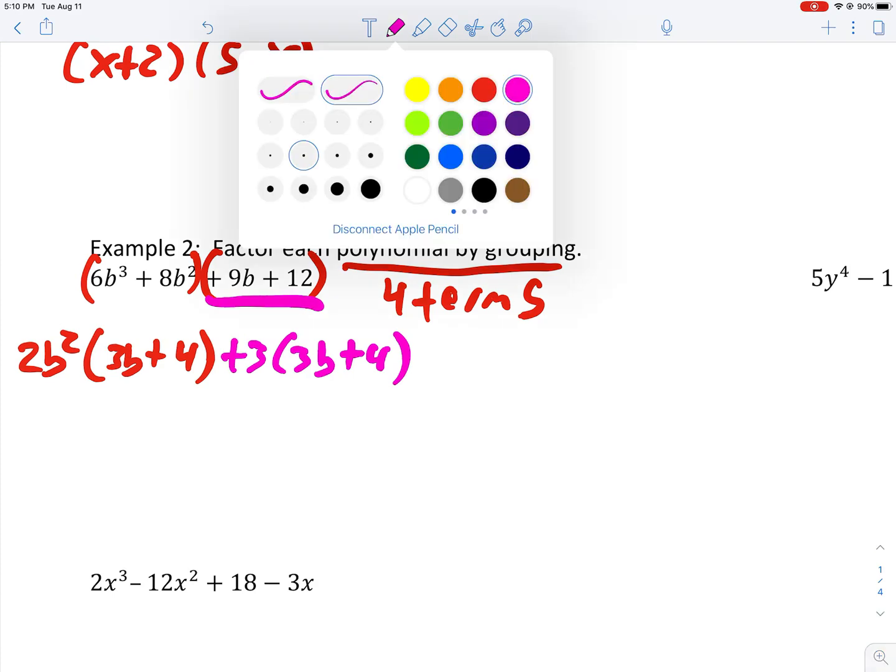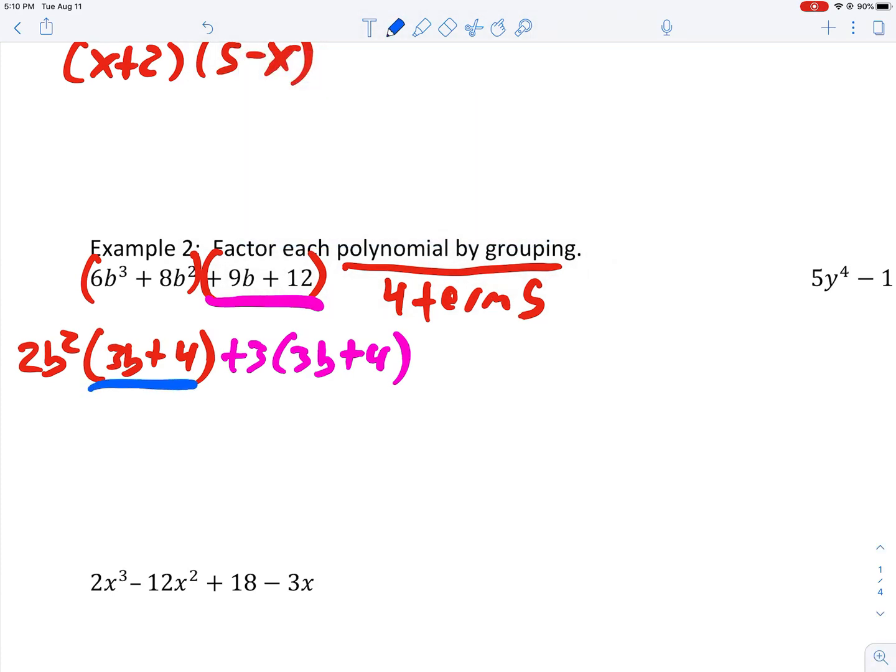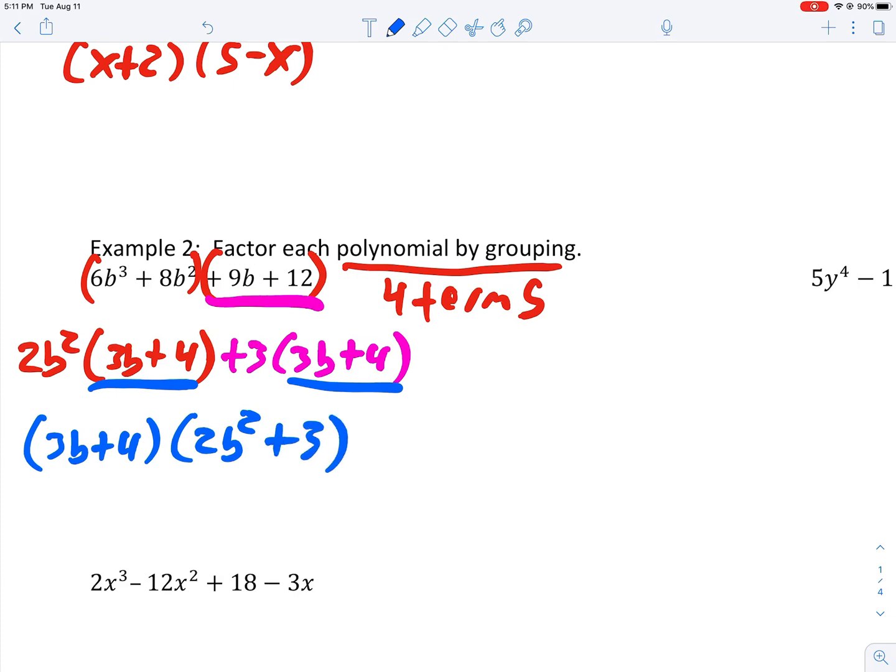This is basically what we just practiced 3 times. In order to factor by grouping, when I get to this step, these expressions have to be exactly the same. Otherwise, you can't factor it by grouping. They're both 3b plus 4, so they share a common factor, and now I can factor that out. If I take the 3b plus 4 out, what would be left would be 2b squared plus 3.